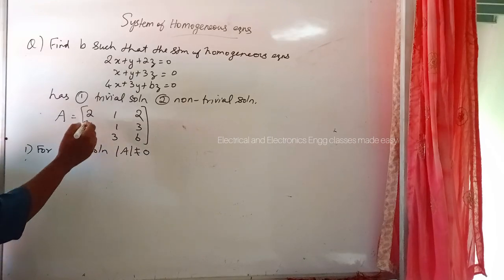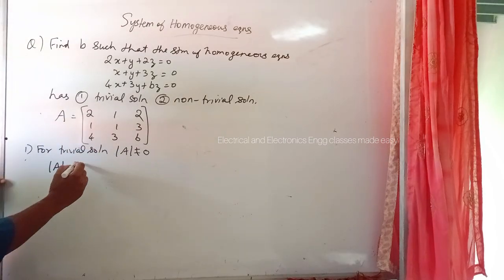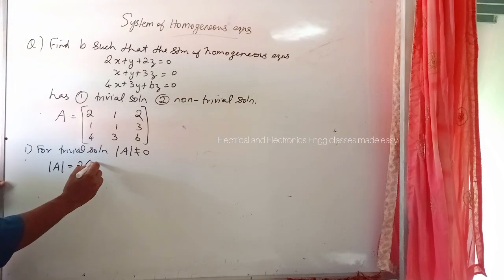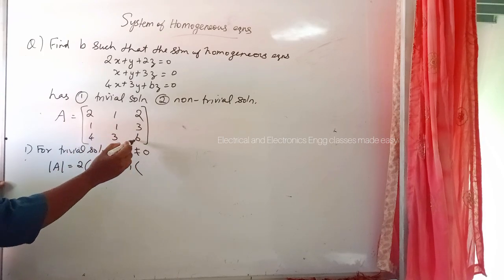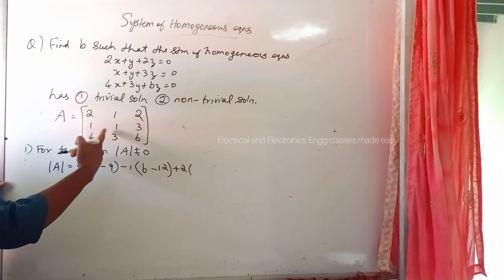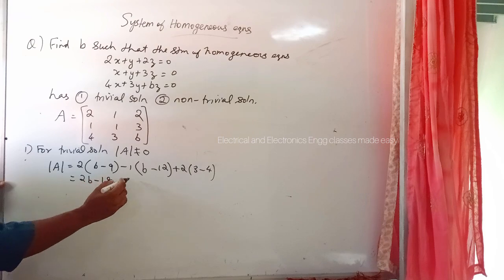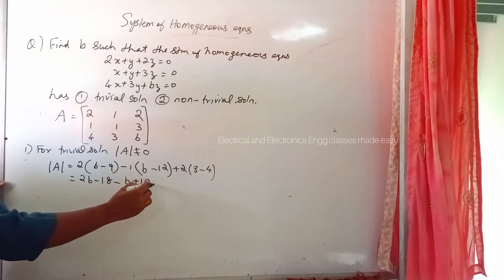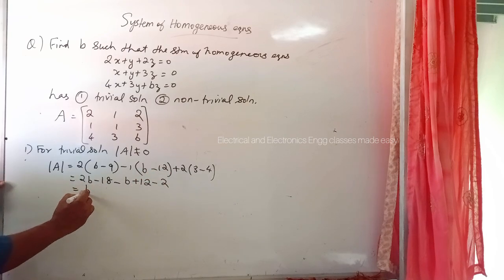So here we have to find the determinant of A. Determinant of A is 2(b − 9) − 1(b − 12) + 2(3 − 4), which is 2b − 18 − b + 12 − 2, that is b − 8.